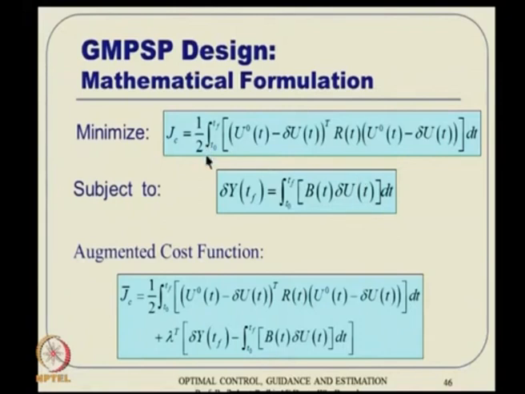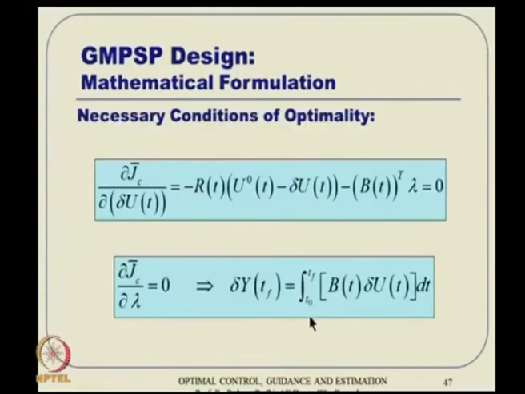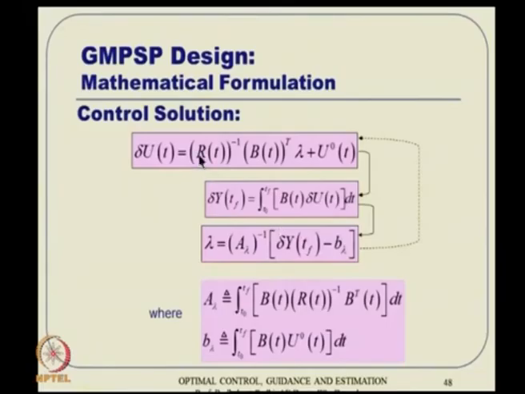You are still talking about an integral function minimization. So you have this augmented cost function, but this is an algebraic constraint, not a differential constraint, remember that. So this constraint comes outside the integral, and utilizing the necessary conditions of optimality, we end up with these two expressions from which we need to solve for the control. So that can be solved.